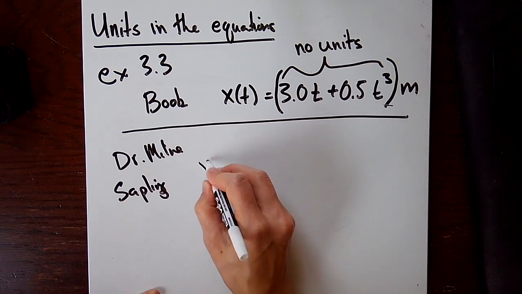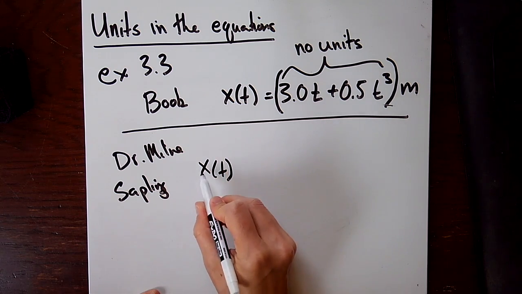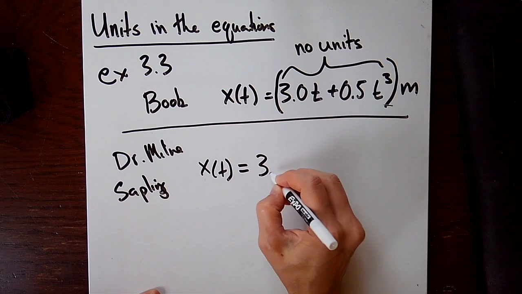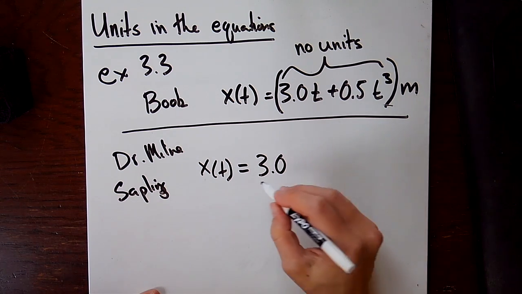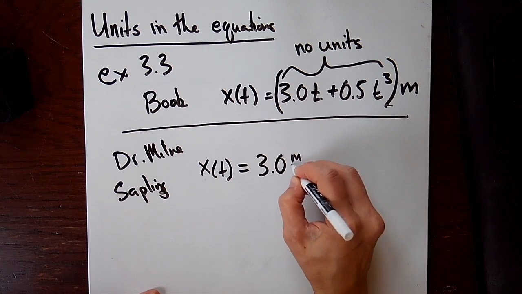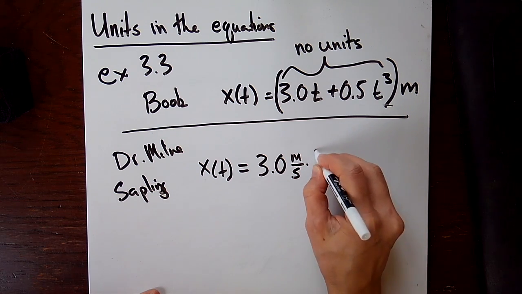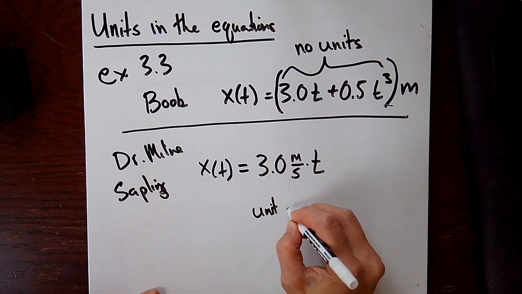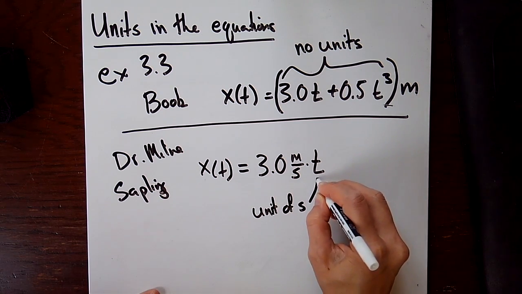would write this equation, we would write x is a function of t, and then we'd have 3, and the units here would be meters per second, because we'd be assuming this t has units of seconds.